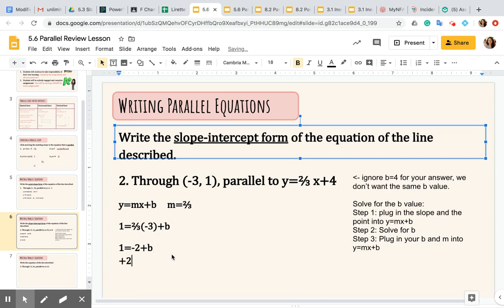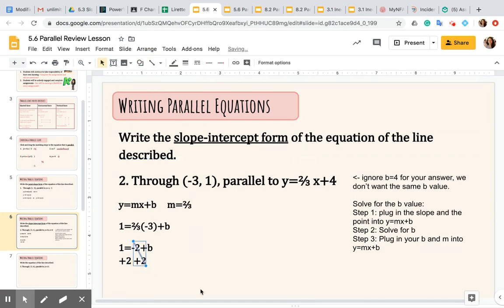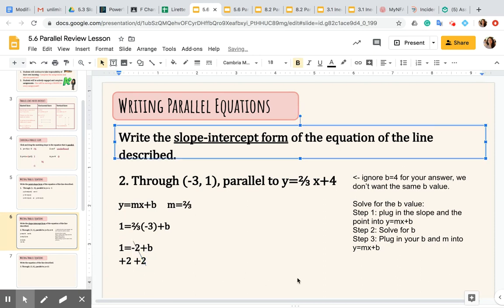I'm going to do plus 2 here and plus 2 here. These 2's are going to cancel out. You can even draw a line through it if you want to. You don't have to do this, but I'm going to do it to show you. Those 2's are going to cancel out. And finally, I just add here to get my b value. 1 plus 2 gives me 3. I bring down my equals. B is now alone. Okay, whew, a lot of work here just to get our b value, huh?